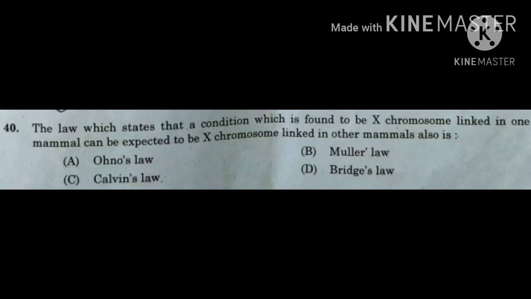The next question: the law which states that a condition which is found to be X chromosome linked in one mammal can be expected to be X chromosome linked in other mammals also is A. Ohno's law, B. Muller's law, C. Calvin's law, and the last option is Bridges' law.